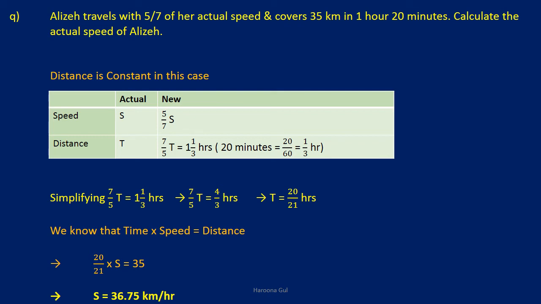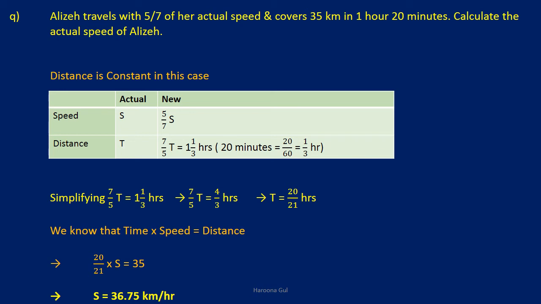Alize travels with 5/7 of her actual speed and covers 35 kilometers in 1 hour and 20 minutes. Calculate the actual speed of Alize. Now you see distance is constant here and Alize's new speed is 5/7 of her actual speed. Time, as we know, is inversely proportional to speed.